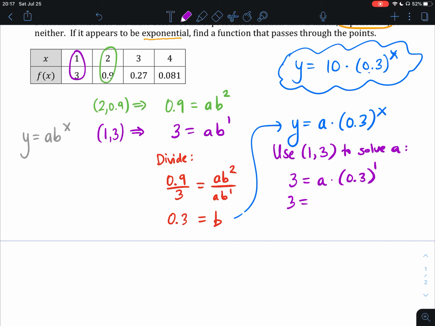So 0.3 to the first is just 0.3, and a times 0.3 is 0.3a. I'm going to divide both sides of that equation by 0.3. So 3 divided by 0.3 is 10, and that leaves a by itself. Using this method, I believe you'll agree we arrive at the same conclusion, which is y equals 10 times 0.3 to the power of x.